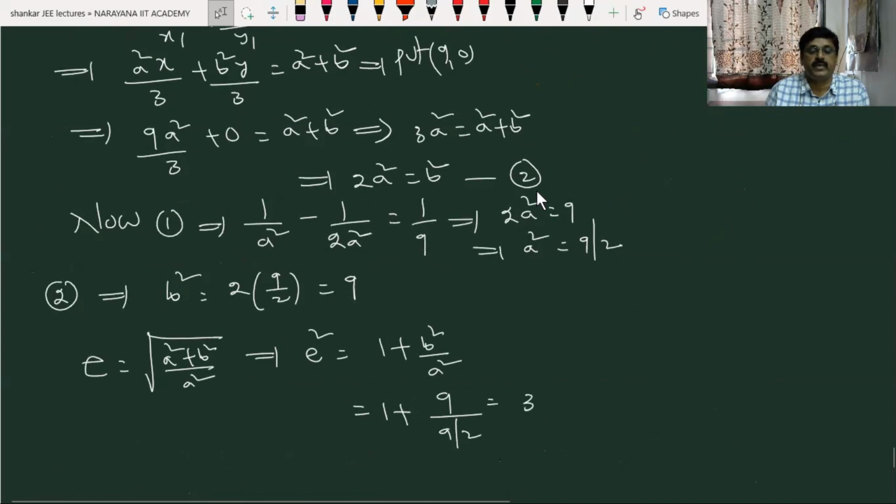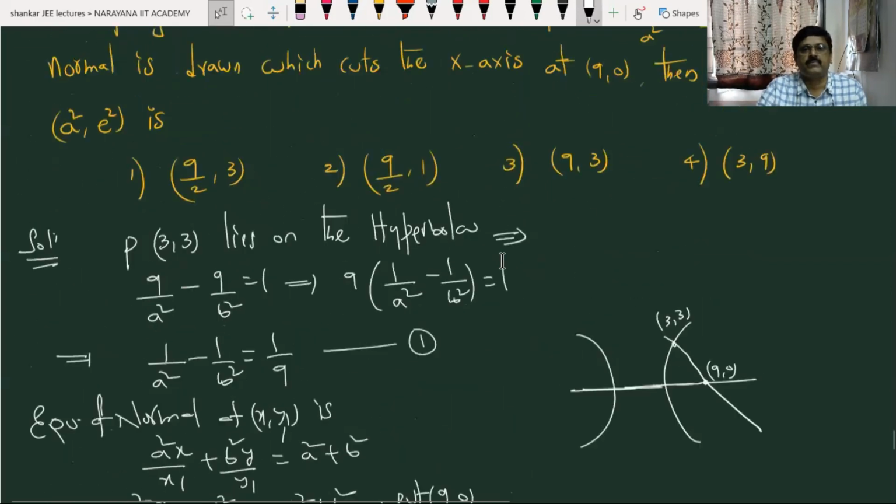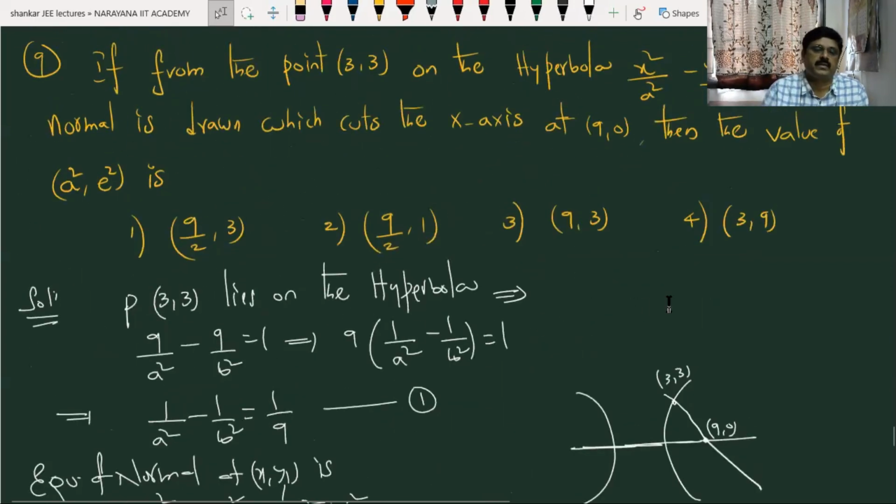So e square is going to be finally how much, students? 3. So your task is a square comma e square. A square is 9 upon 2, e square is 3. So 9 upon 2 comma 3 is the answer. So the answer is the first option, students. Carefully you have to note down.